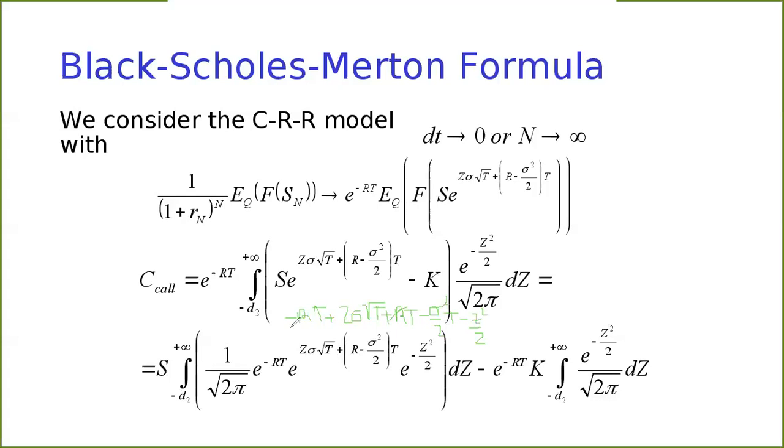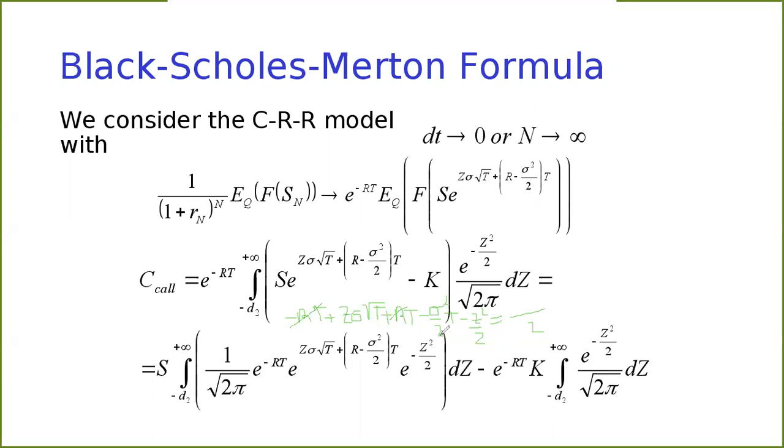rt and minus rt we can cross out, and we have these three terms. If we write 2 in the denominator, it is z, this z.